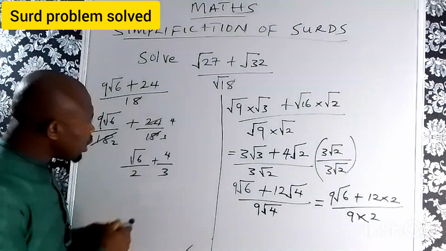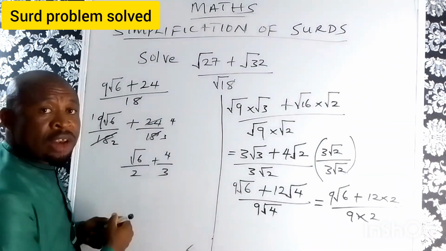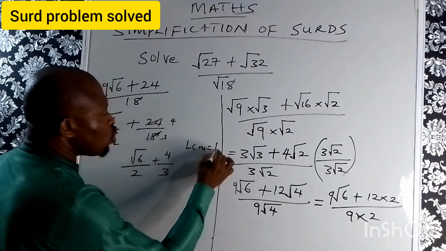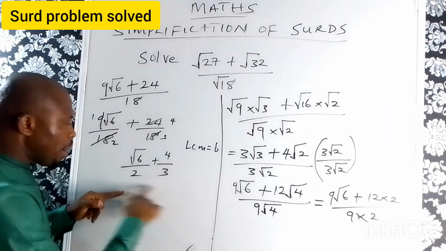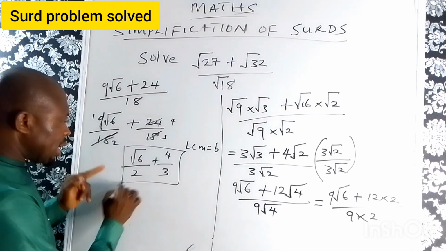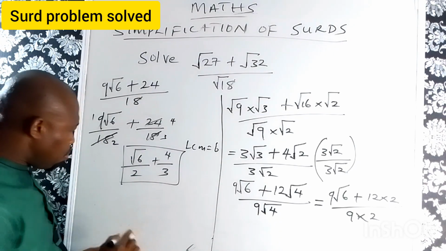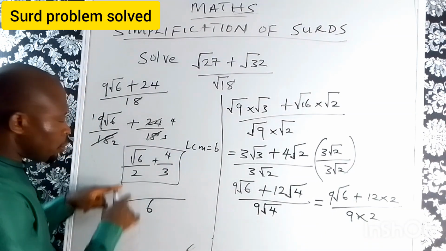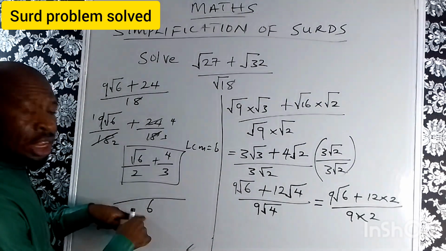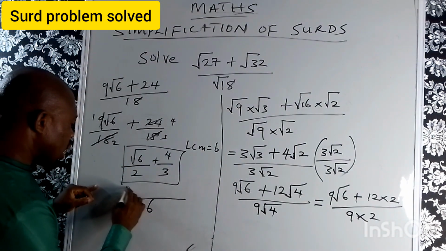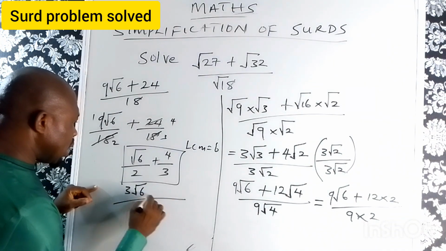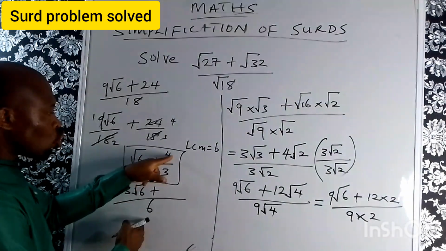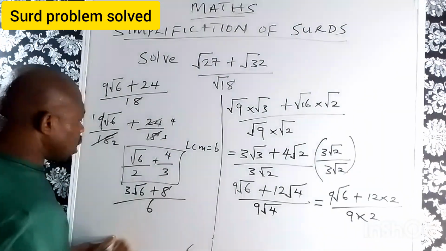Now at this point, we take the LCM of these two values, the LCM of 2 and 3, which will give us 6. Most times you may see the answer like this, or if we take the LCM 6, it gives us 6 divided by 2, which is 3, times root 6, giving 3 root 6, plus 6 divided by 3, which is 2, times 4, giving 8.